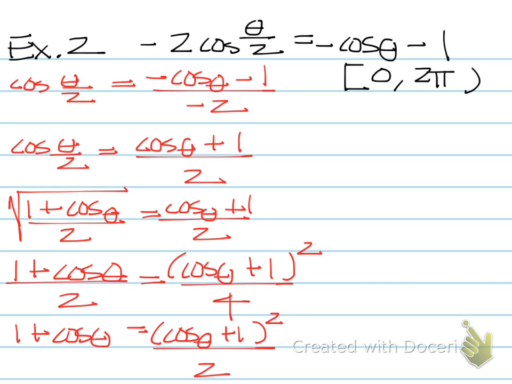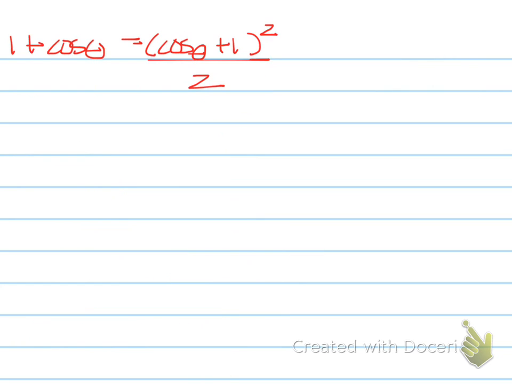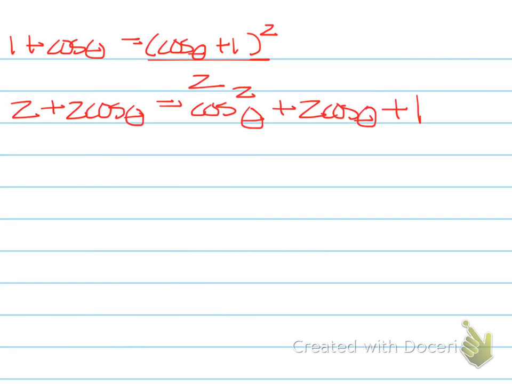Once I multiply the right side by 2, the 2 will divide into 2 one time and into the 4 2 times, leaving me with the 2 in the denominator. And then I multiply both sides by 2 to get rid of the 2 in the denominator. That will give me 2 plus 2 cosine theta on the left side of the equation.